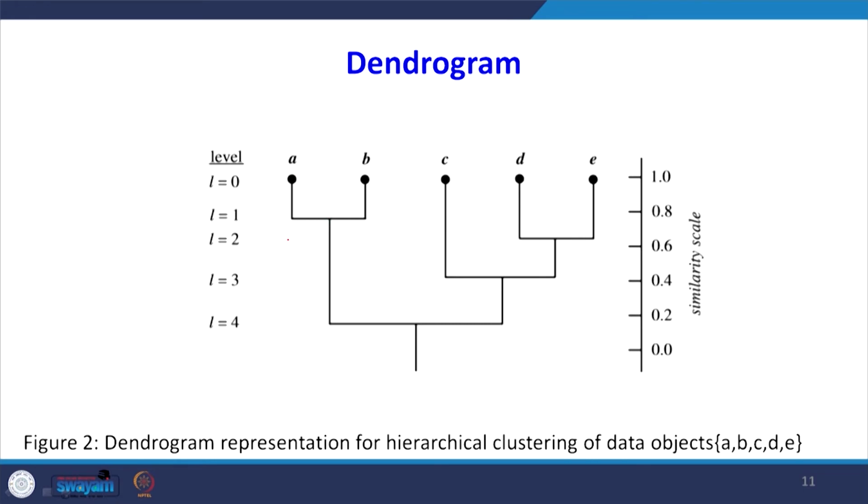In level 2, the position of C is compared: we find the distance between C and cluster AB, and cluster DE. If it is closer to D and E, then C, D, E form another cluster, that is level 3. In level 4, it is only one cluster, all 5 elements are present there. So, this kind of picture is called a dendrogram.